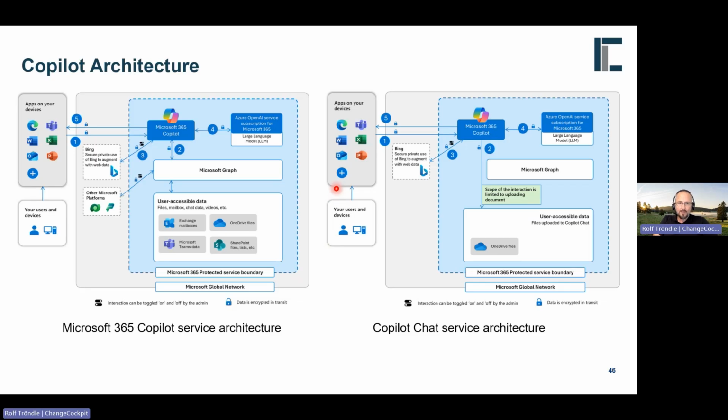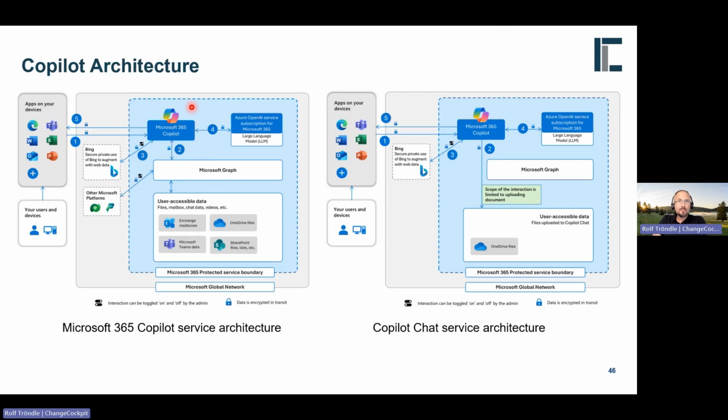Then we see here the difference between the architecture if you have a Microsoft 365 Copilot license and the Copilot Chat service architecture. Basically, we now have all apps available as well, even if we have no license. The Copilot Chat integration, as I mentioned before, is one of my favorite features.